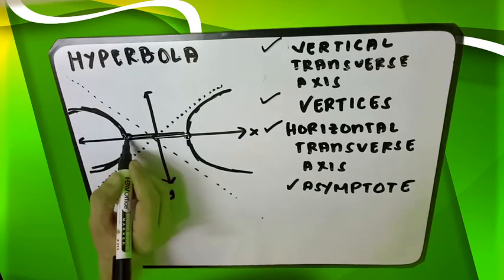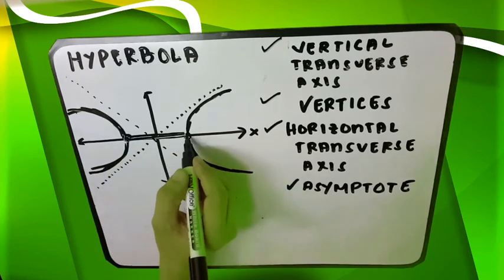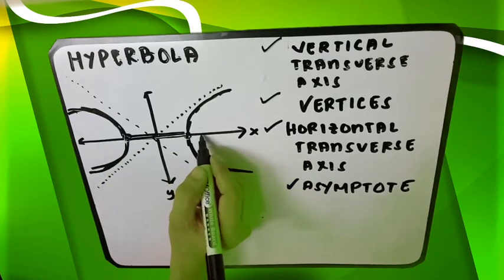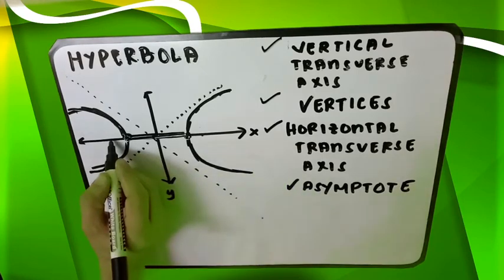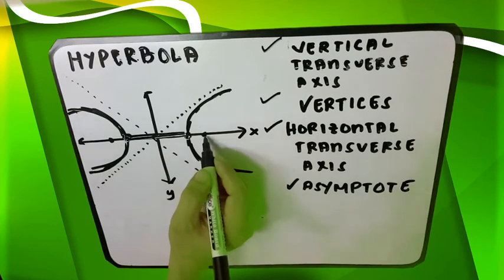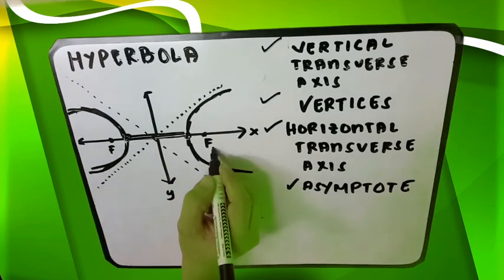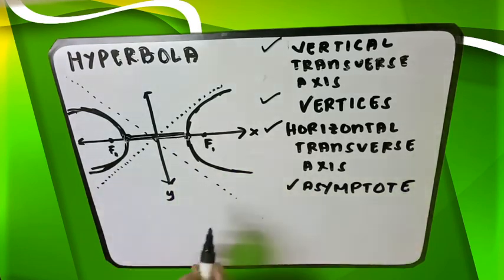Next, if these are the vertices, sa loob ng graph, merong points na tinatawag. So these are the foci. So F sub 1, F sub 2. Yung ginamit natin kanina, that is the focus.